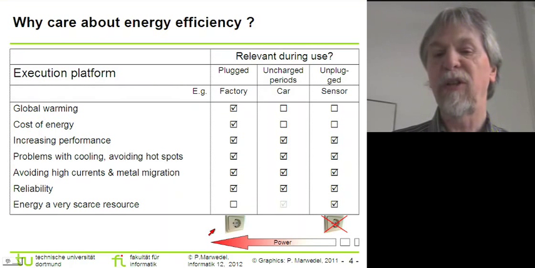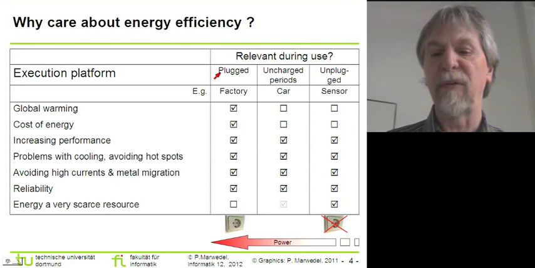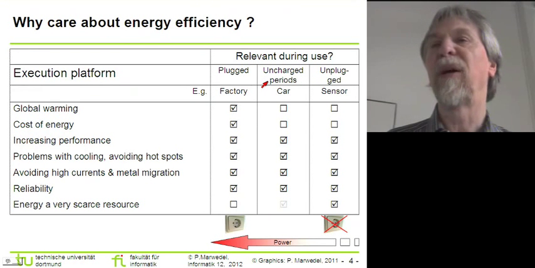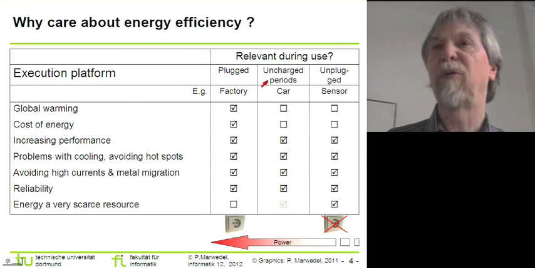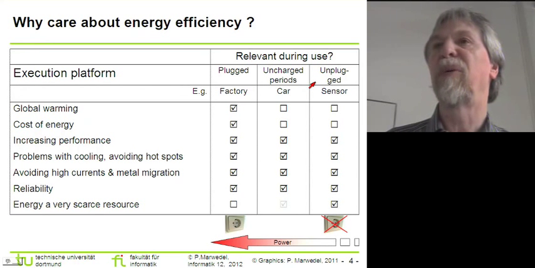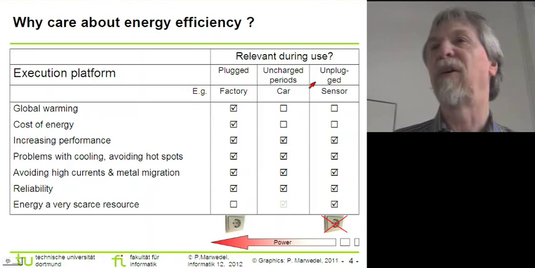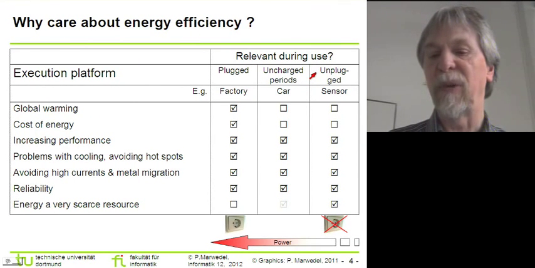We can use information processing in a plugged context, which means that we have main power supply available. We can use them in a way where sometimes we have a connection to the main power, and sometimes we have to live from the batteries. And then there are contexts where we hardly ever have a connection to some power outlet, and therefore we have to live with the power or energy that's available there.